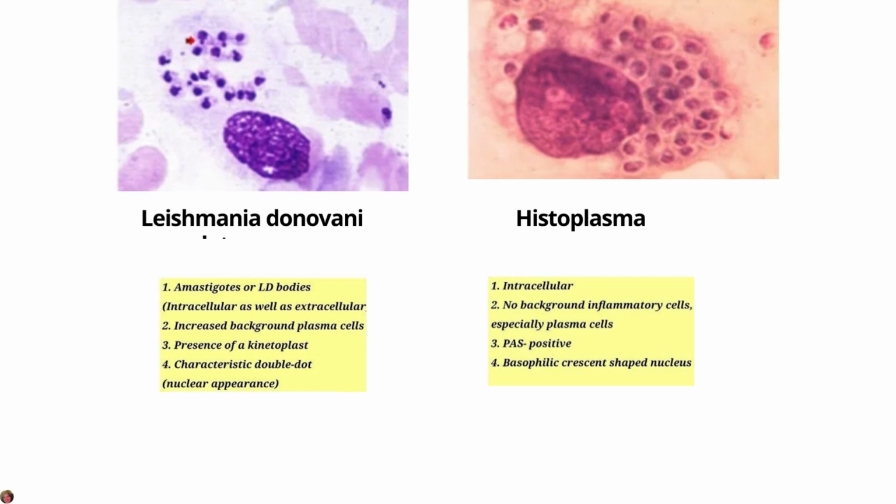And leishmania has a kinetoplast in it, but histoplasma does not, and it has a characteristic double dot appearance, which is the appearance of the nucleus. But histoplasma is a PAS positive organism, and it has a basophilic crescent shaped nucleus. And I know that these pictures are not very clear. These differences are just for you to remember that the important differential for this is histoplasma.